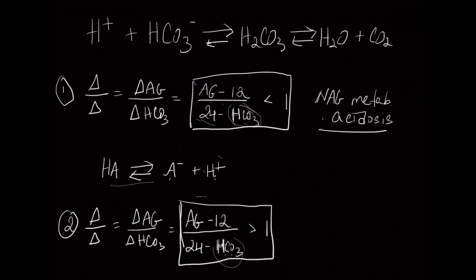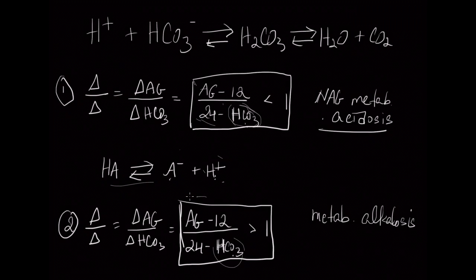So the only way the bicarb can be higher than what we expect is if there is some alkalemic process that's superimposed on your metabolic acidosis process. Something is causing the body to hold on to bicarbonate despite these organic acids quenching bicarbonate in a one-to-one manner.